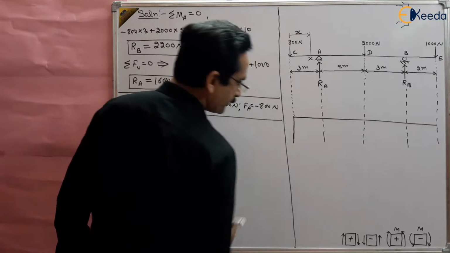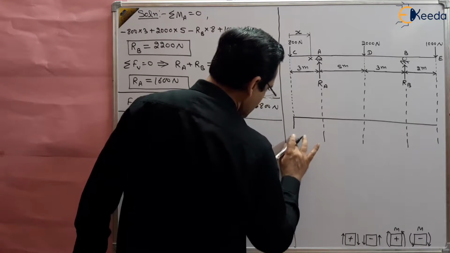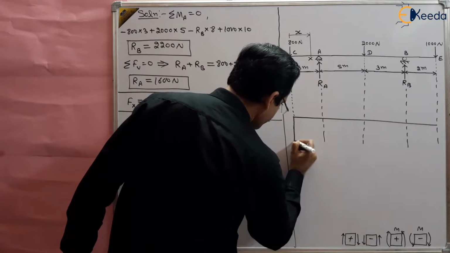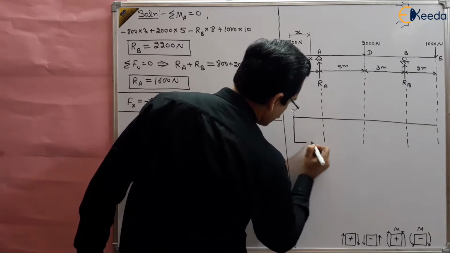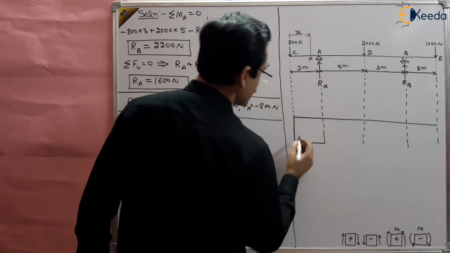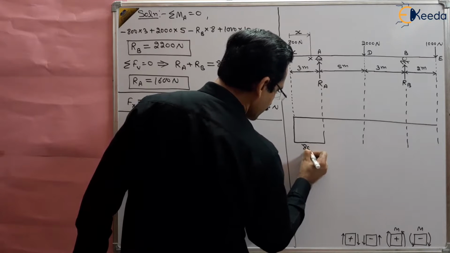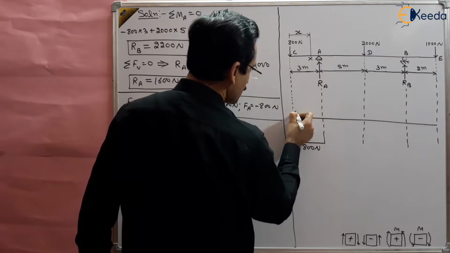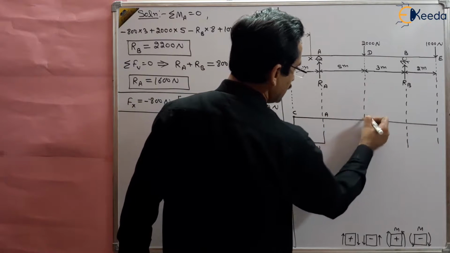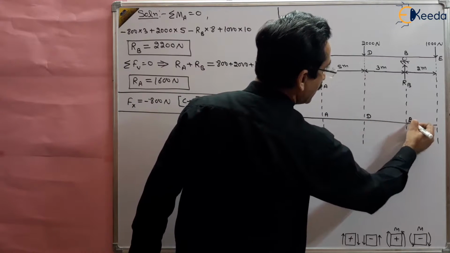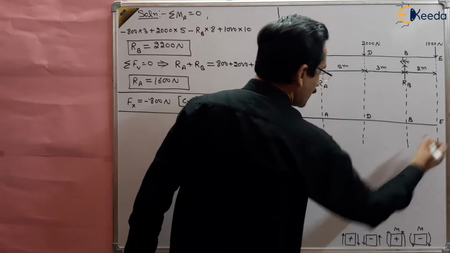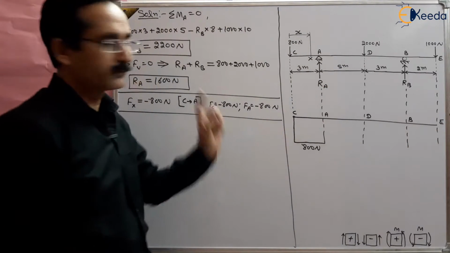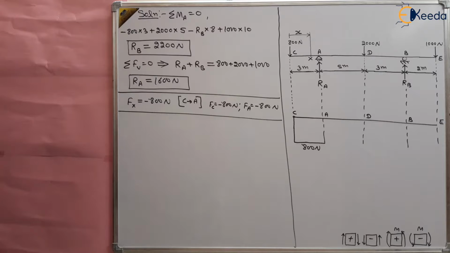Take downward 800, and from here to here, like this, right? So this value is 800 Newton, and this is our point C. This is A, D, B, and E, and we have taken the 800 value. We have achieved, right? 800 Newton.